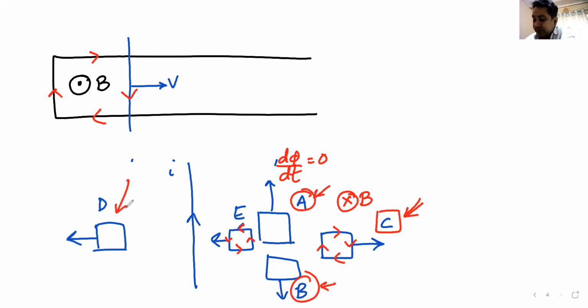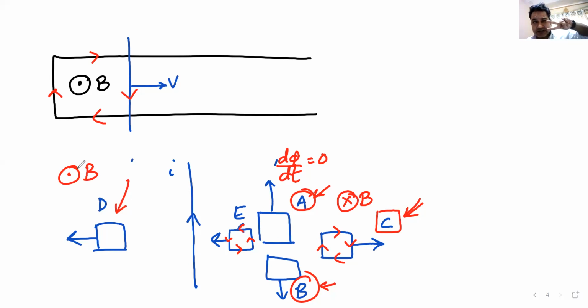What is the answer for the loop on the other side? Anti-clockwise current. Why anti-clockwise? On this side of the figure, the magnetic field is coming outwards. Is there a flux linkage in the coil D? Yes.